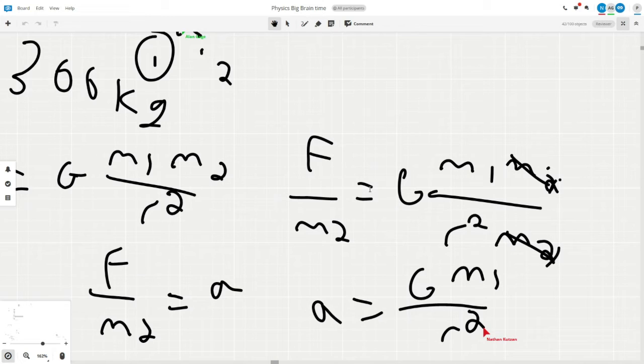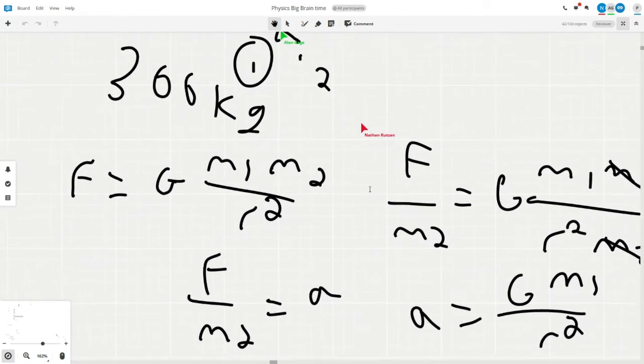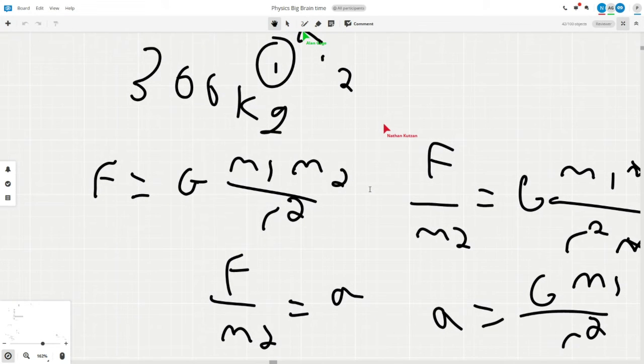How did you get F over m2? Could you scroll slightly left? Yeah. Hang on. You said F equals that. So how do I get F over m2 is equal to the acceleration? Right.